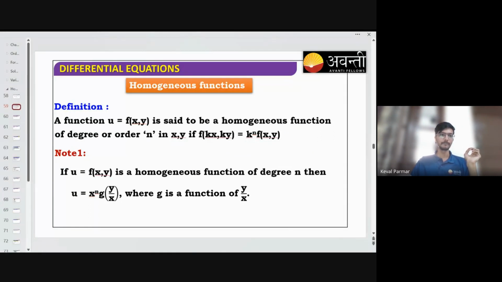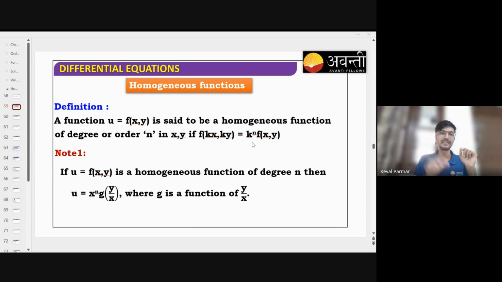As you can see, what is the definition? A function is said to be homogeneous of order n if we substitute kx in place of x and ky in place of y, and all the powers of k come outside the function, then it is a homogeneous function.